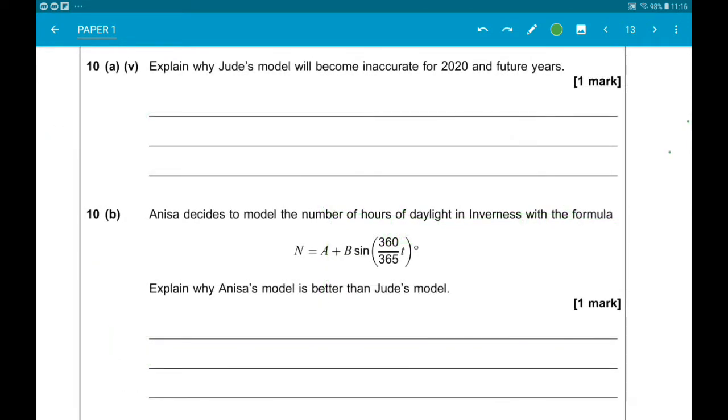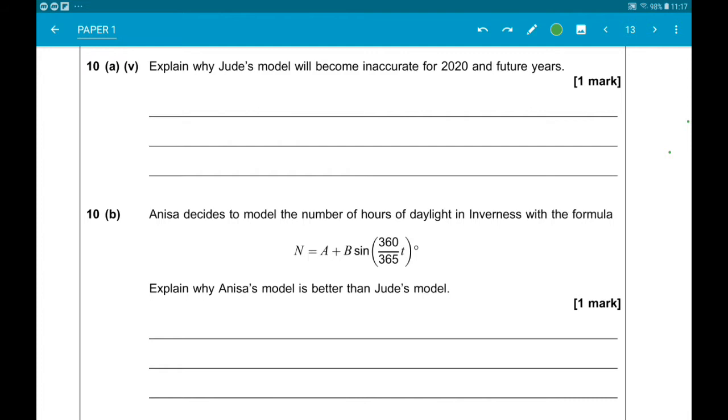Okay, then for B part 1, we want to explain why Jude's model will become inaccurate for 2020 and future years. So, trigonometry works on degrees. Sine has a period of 360.